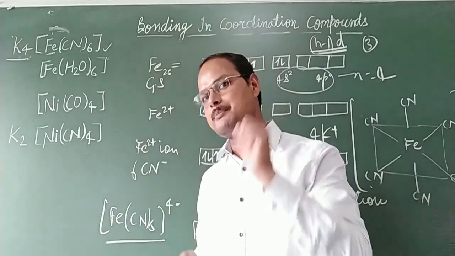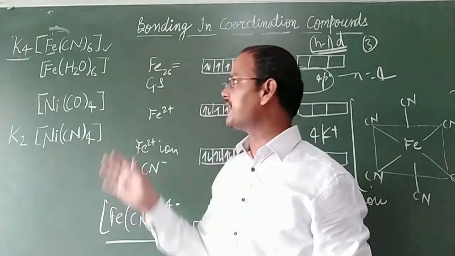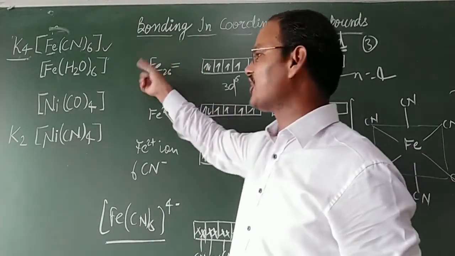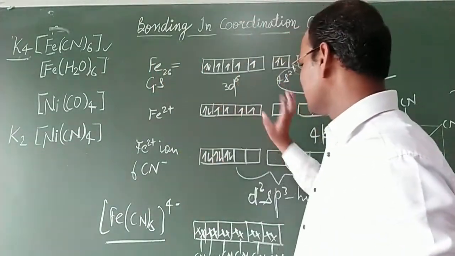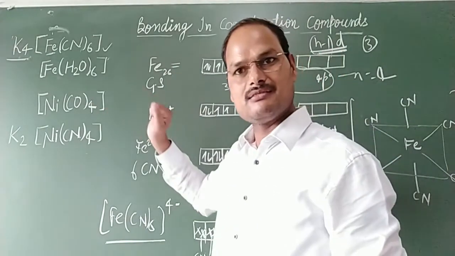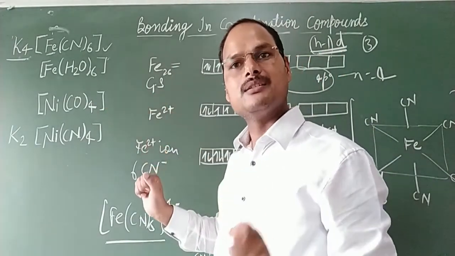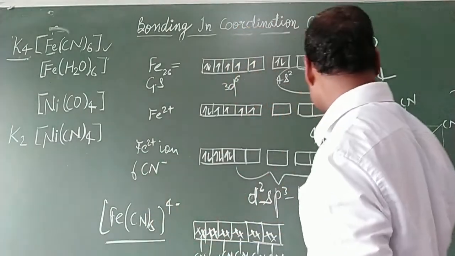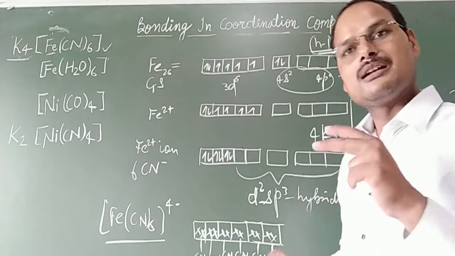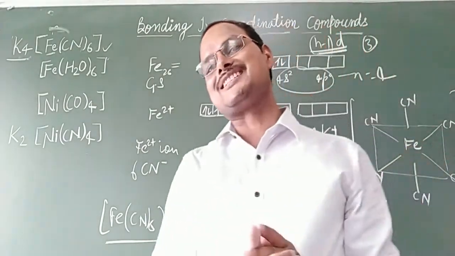So there are 4-5 very important questions based on this description. Bonding means what is the oxidation state of iron and what type of hybridization is there, which type of octahedral complex it is, inner or outer, and what is the structure of this compound, as well as what is the magnetic nature.